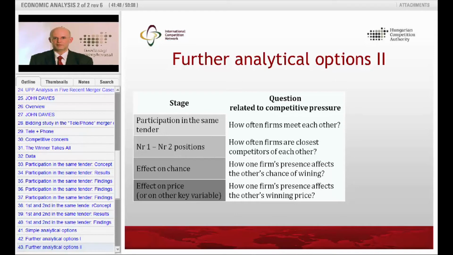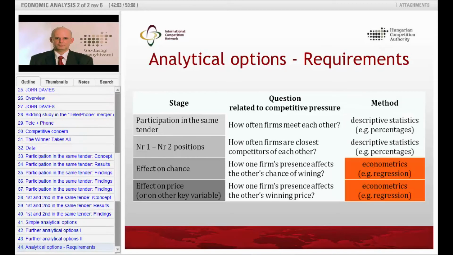This logic is the same as that of price concentration analysis discussed elsewhere in this training module. Checking the same for each supplier concerning each competitor helps to map out competitive pressure in arguably the best way. These further options require more sophisticated tools, such as regression analysis, as well as more data. Otherwise, results can be misleading.